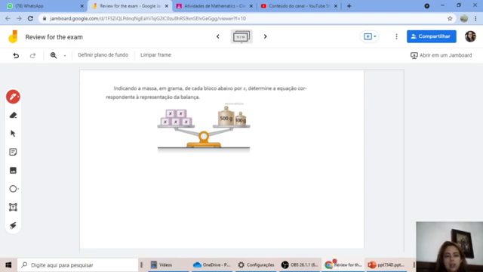On the left we have 5 boxes and each one has the weight of x, and this must be equal to the total of grams on the other side, which is 500 plus 100. So 5x must be equal to 600. x must be equal to 600 over 5, which will be 120 grams each block.